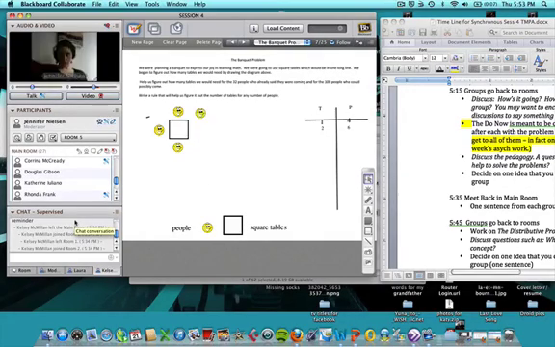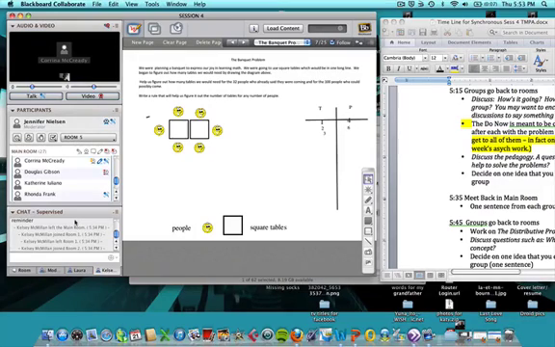Yeah. Like, so move this person up here. And that confirms what we put on the T-chart, that 2 tables is 6 people. Okay.